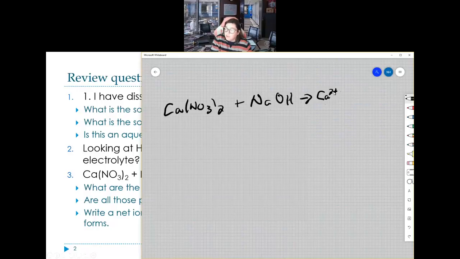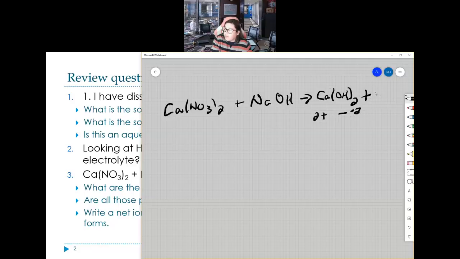And since it's 2 plus on the Ca and 1 minus on the OH, we know we need to have Ca(OH)2 to make that charge balance. So again, this is 2 plus, this one is 1 minus, and so we need to multiply that by 2.